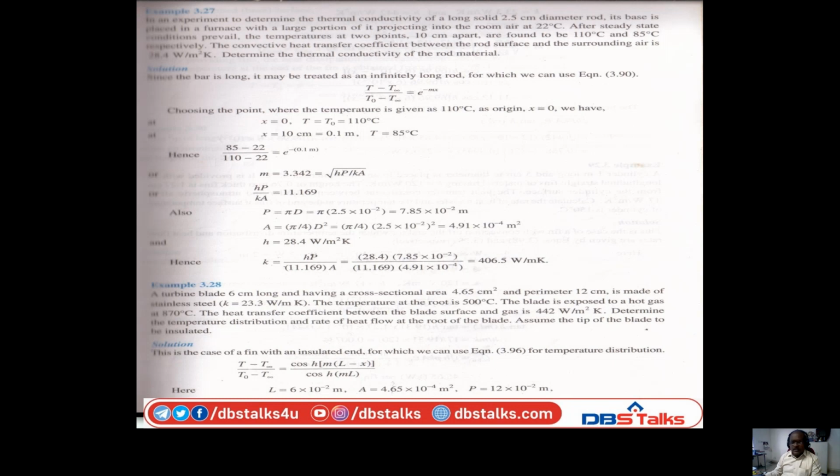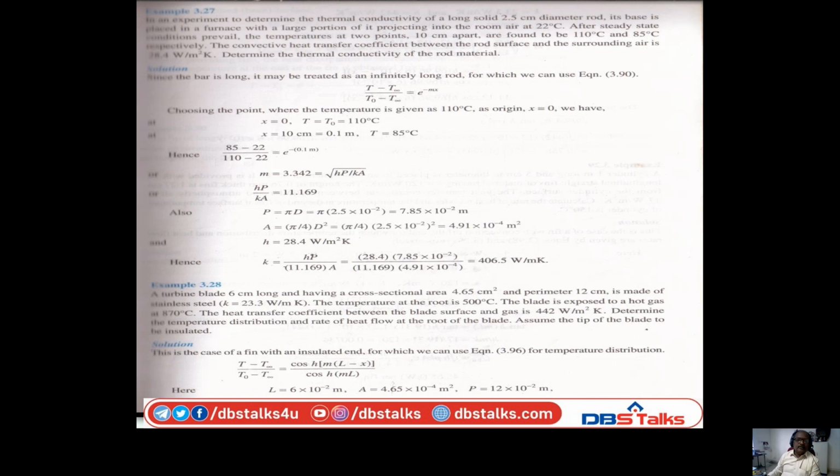And he has given the diameter of the fin. Its base is placed in a furnace with a large portion of it projecting into the room air at 22 degrees centigrade. He has given the atmospheric temperature as 22 degrees centigrade. After steady state conditions prevail, the temperatures at 2 points 10 centimeters apart are found to be 110 degrees centigrade and 85 degrees centigrade.